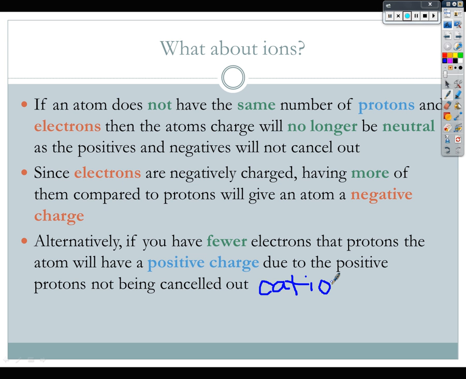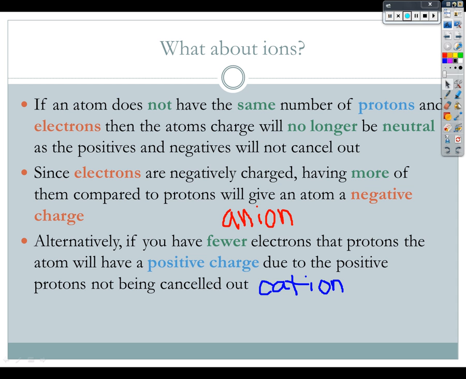Spelled just like you would think, cation. A negatively charged ion that has too many electrons is going to be called an anion. You can kind of think of this because "an" usually means like the opposite or lacking. In English, it's kind of like a root there. So anion is negative, cation is positive.